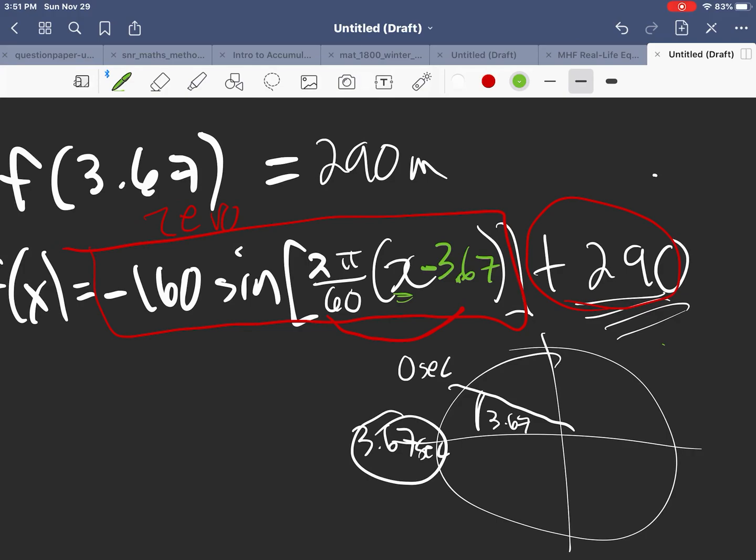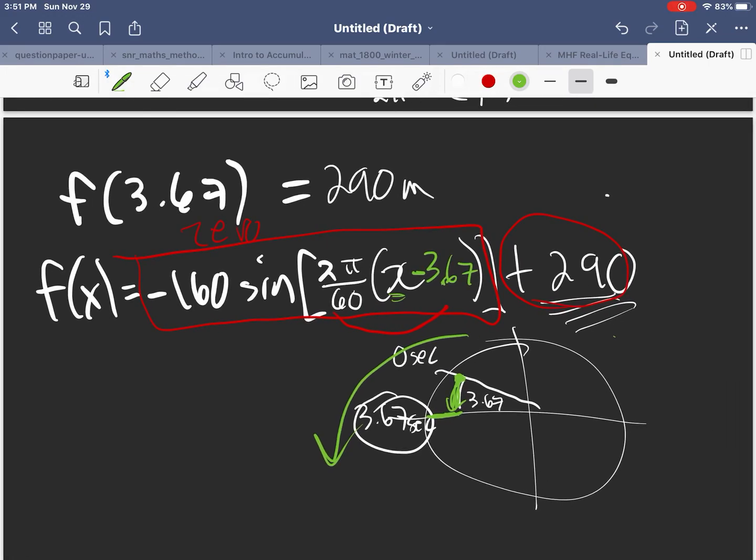The other way to think about that is it's 3.67 seconds behind, because rotations are positive in that direction. So the rotation started 3.67 seconds before the natural start of a negative sine curve. So that is our equation, x minus 3.67, and that will be our formula. It's negative sine because it started in the middle and rotates down.